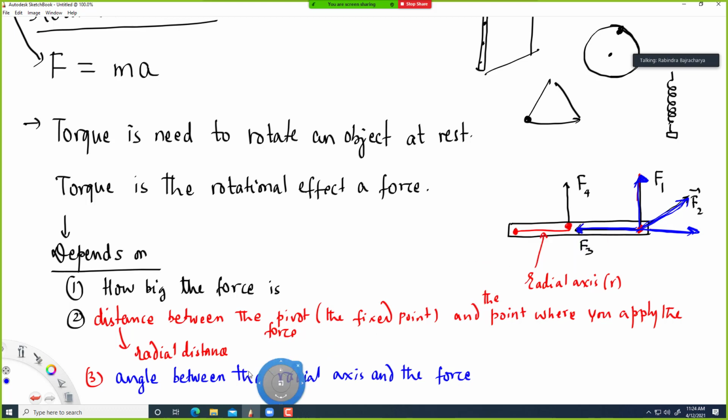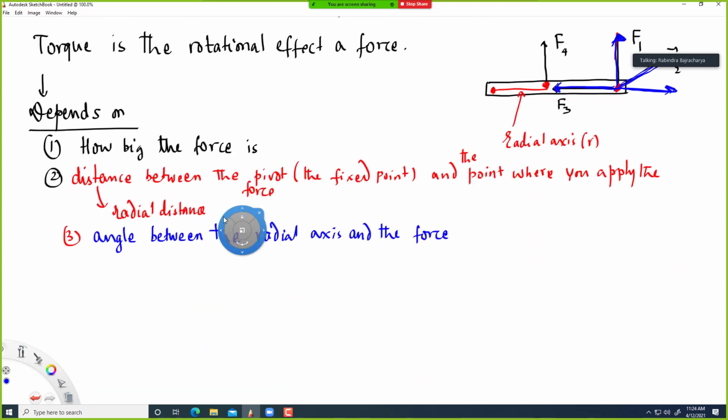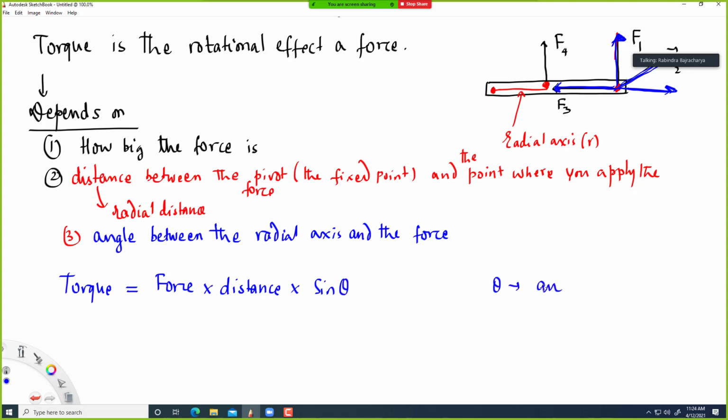So we can combine those 3 into a single formula. So torque depends on force, distance, and sine of the angle between force and distance.